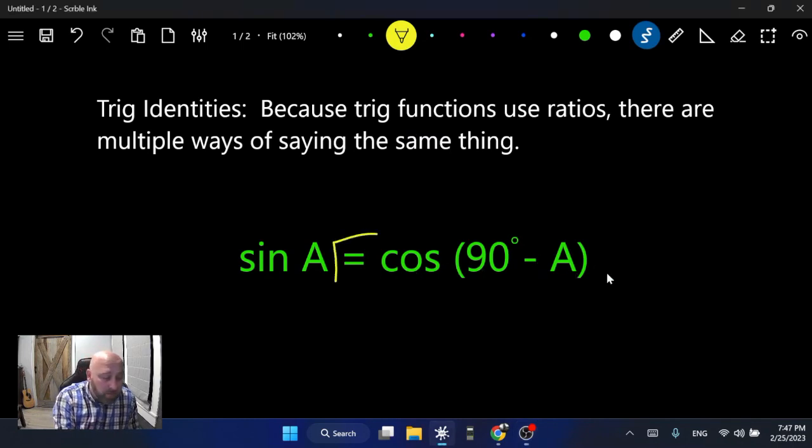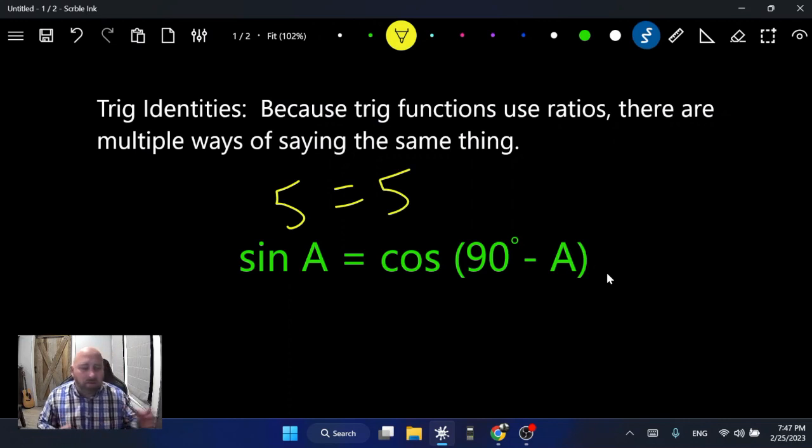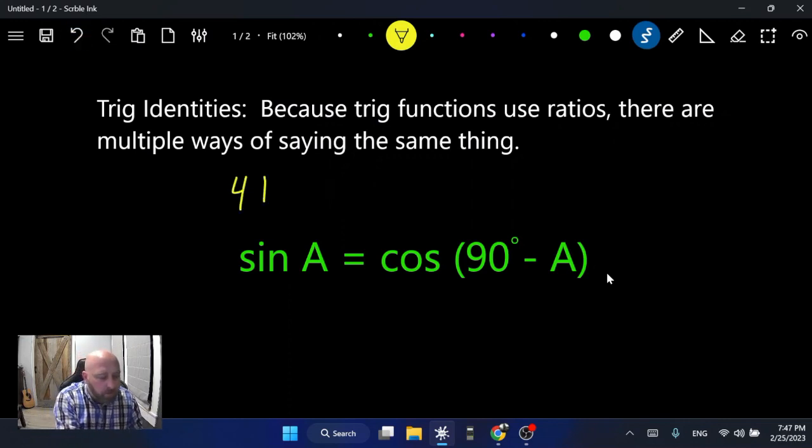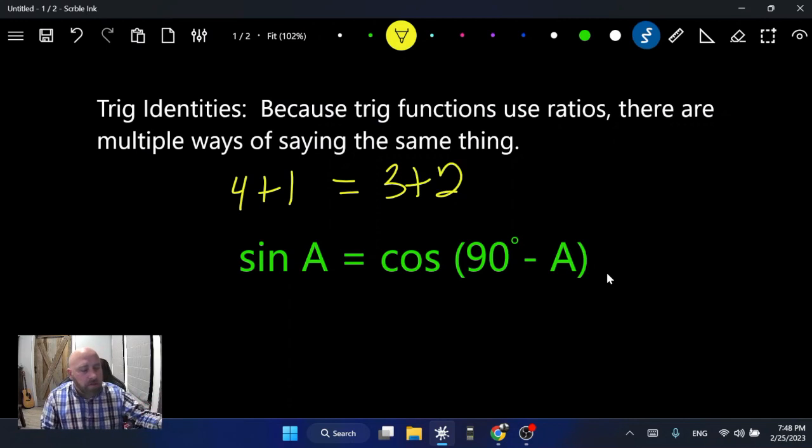There's an equal sign, so this is equal to this. This is like saying 5 equals 5, but it doesn't look like 5 equals 5. Well, it doesn't have to, because 4 plus 1 equals 3 plus 2. Those are equivalent. Those are equal. So it's the same thing here. Both of these are going to equal the same thing, but it's two different ways of going about it.